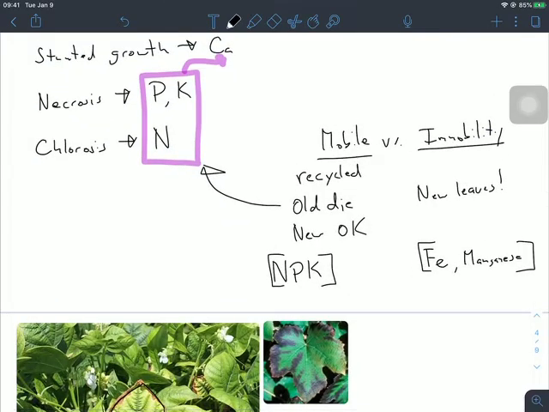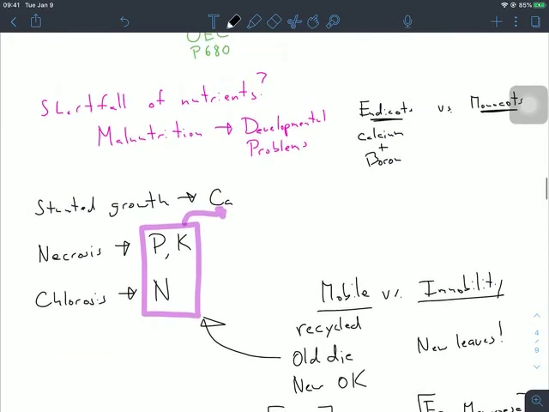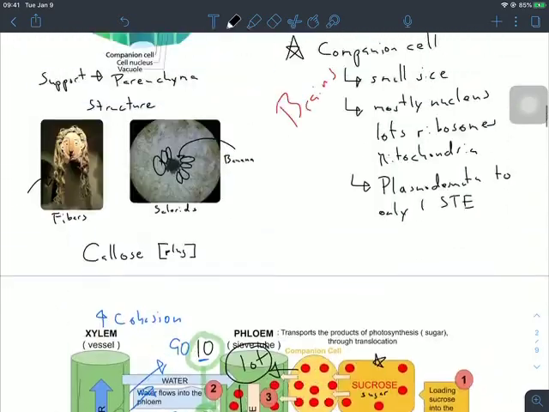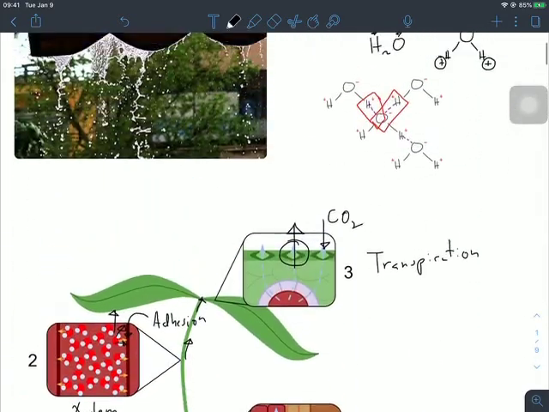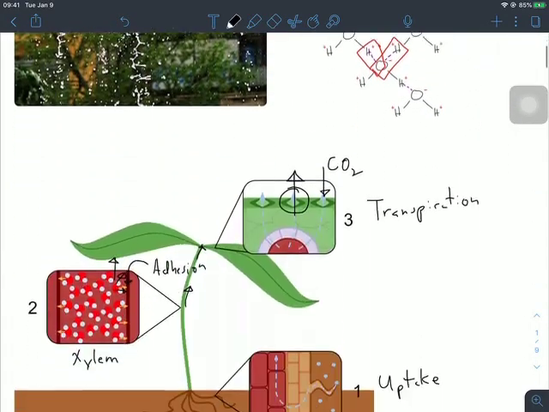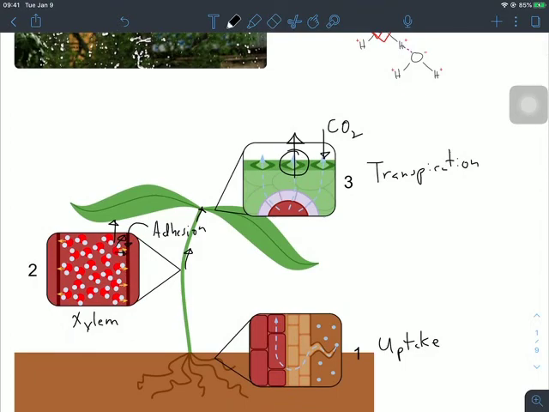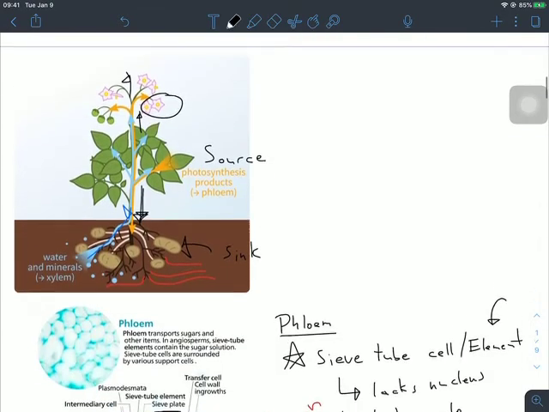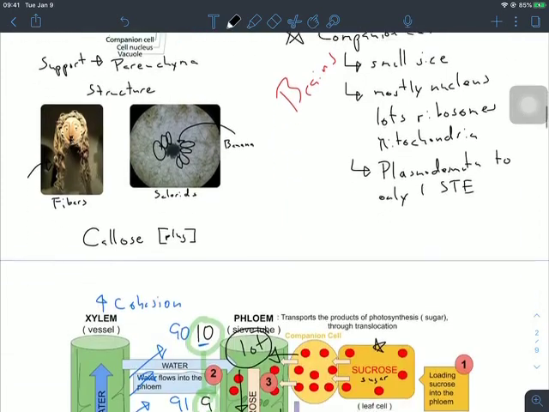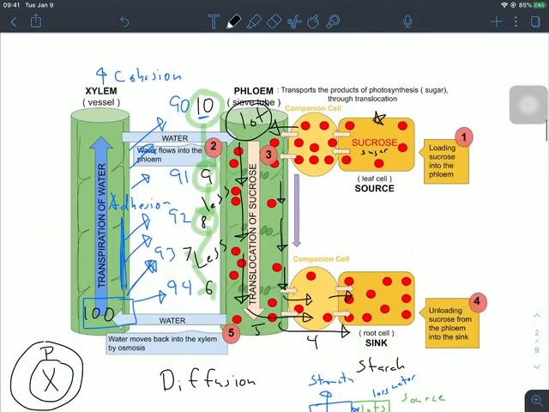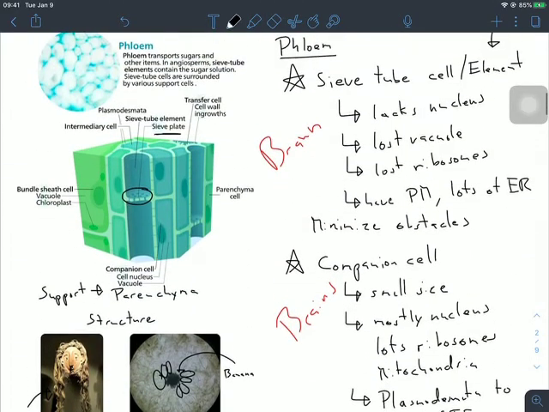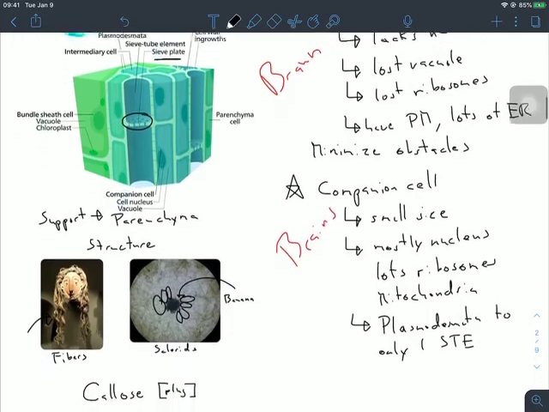And so that's where we'll end off our lecture today, hopefully by drawing a connection between water forces, like cohesion, adhesion, and transpiration, to how that helps move water through the xylem while also moving sugars through our phloem, thanks to the help of our companion and sieve tube cells.